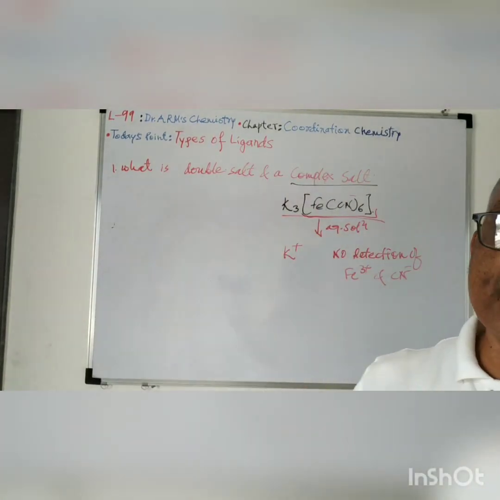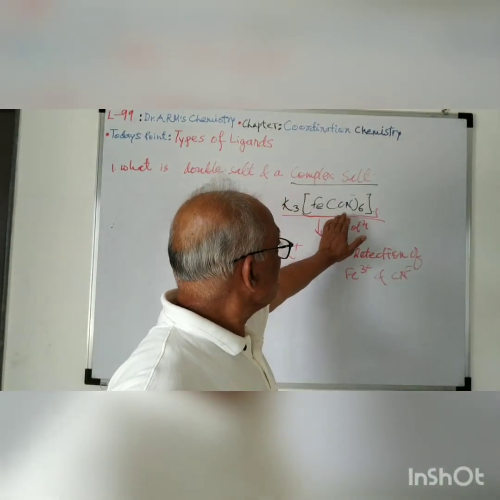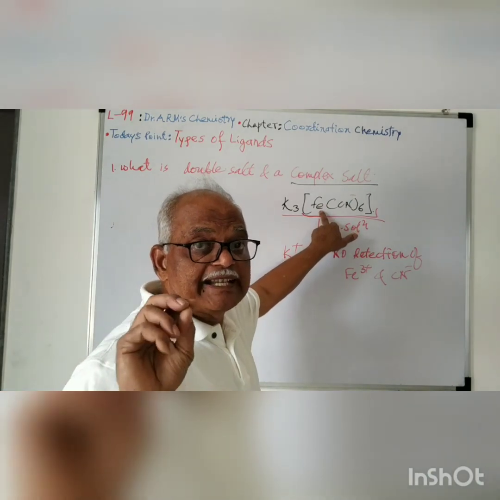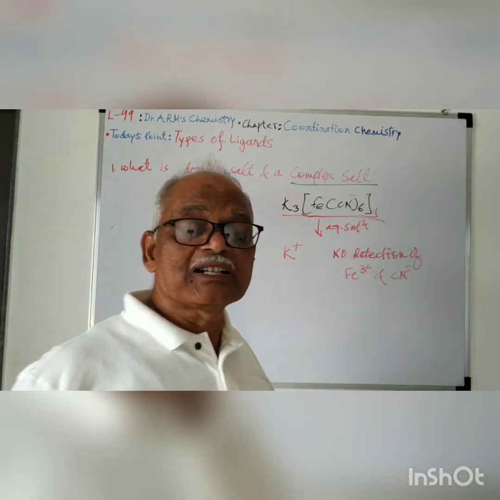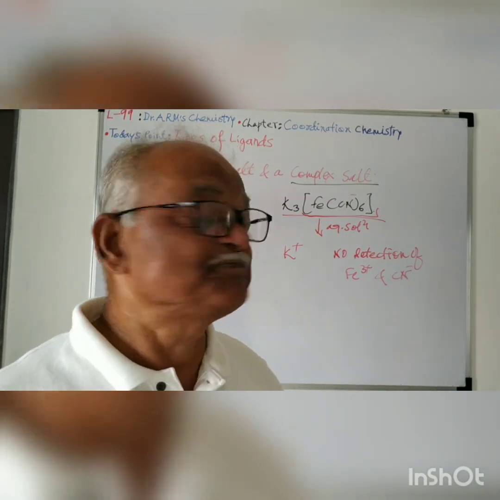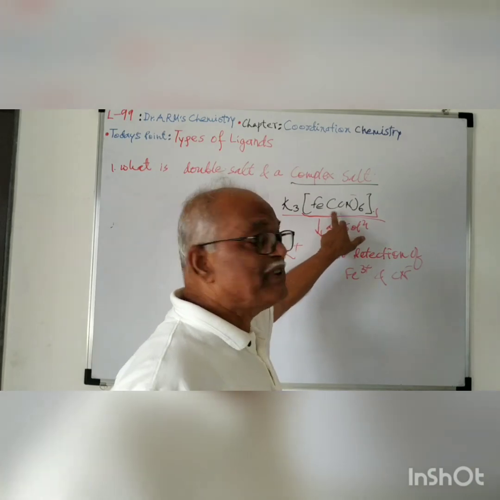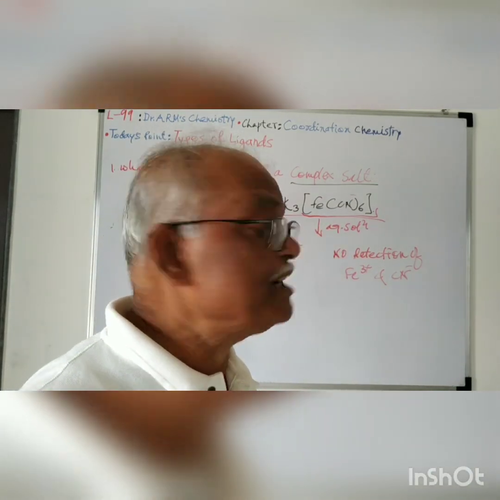So this is different from a double salt. Why is it called a complex? Because the components shown in the square bracket are not detected in water. Why is it so? Because they are strongly bound with each other by covalent or coordinate bonds.